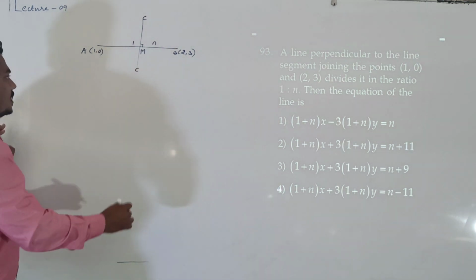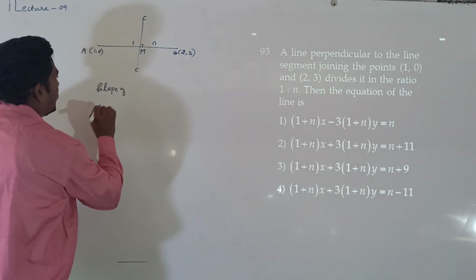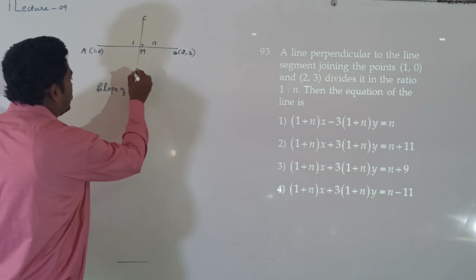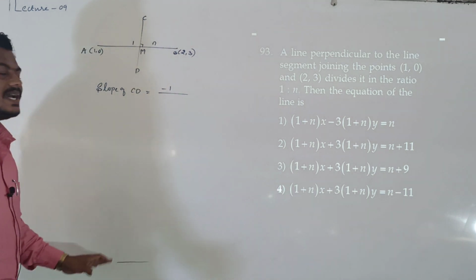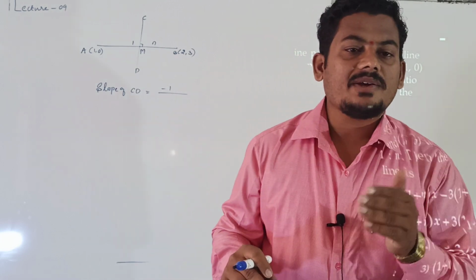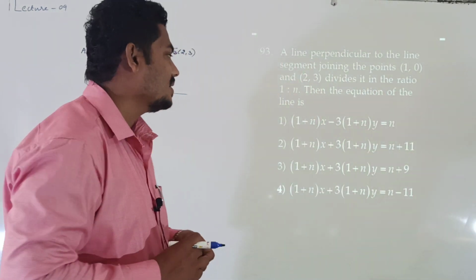Now, slope of CD is equal to -1 divided by slope of AB. Why? Because the given two lines are perpendicular to each other.